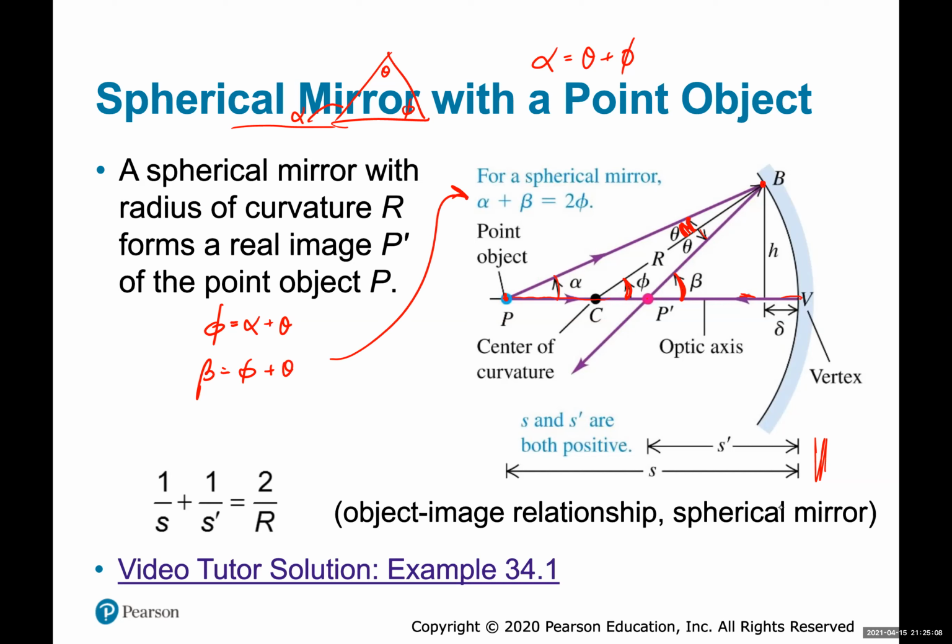Because the distance between point C and that spot is r, we just have to subtract delta again.